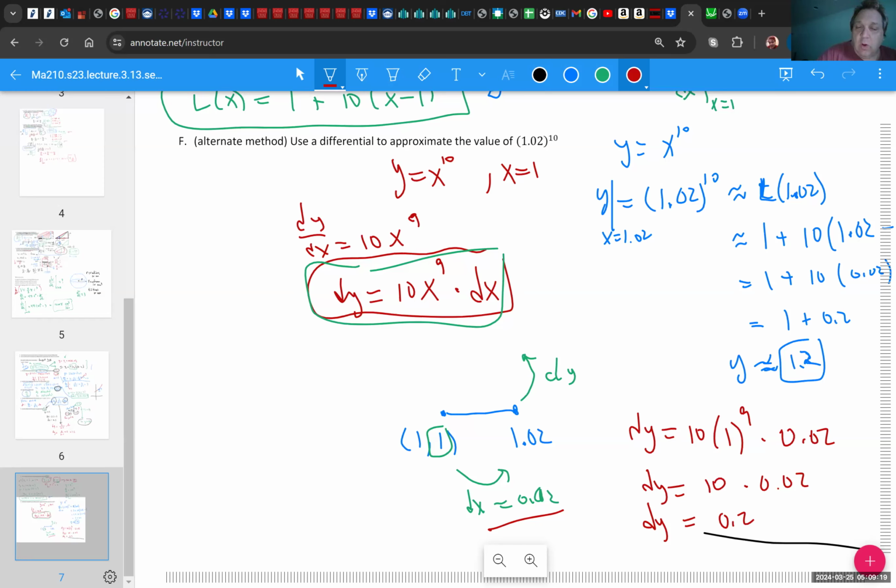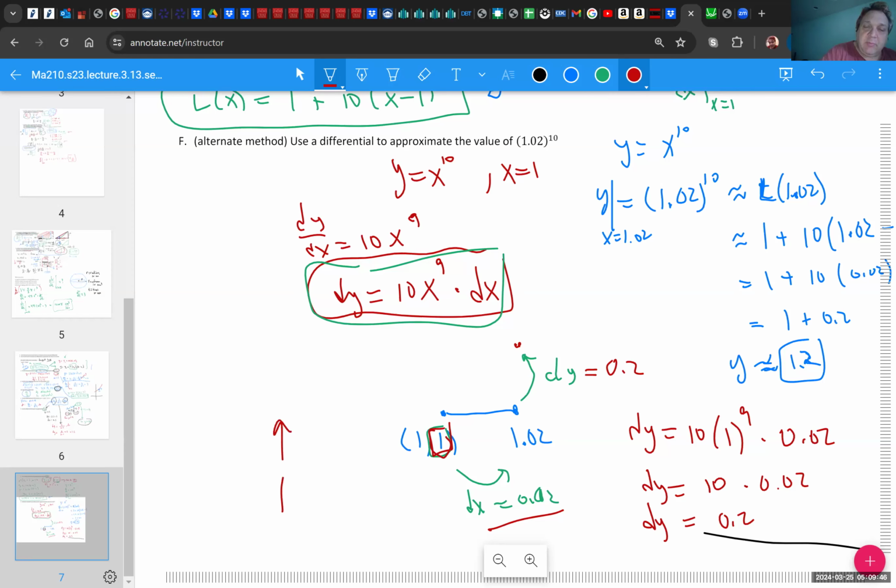So we started at 1, and we nudged up 0.2. You started at a y value of 1, and you went up by 0.2. So where's our new y value? Let's make sure I can do some arithmetic. Once again, I started at 1, right?